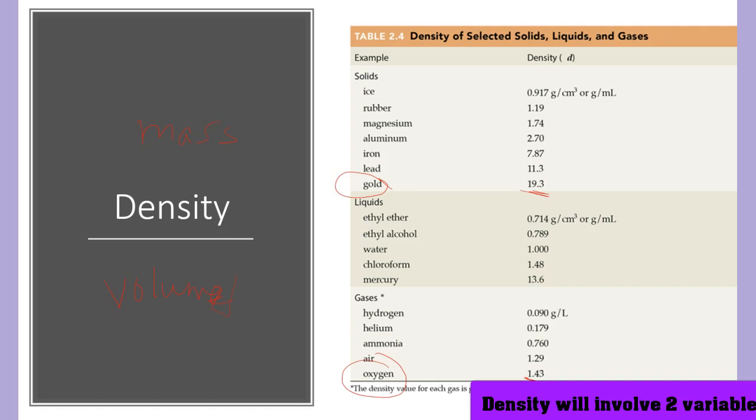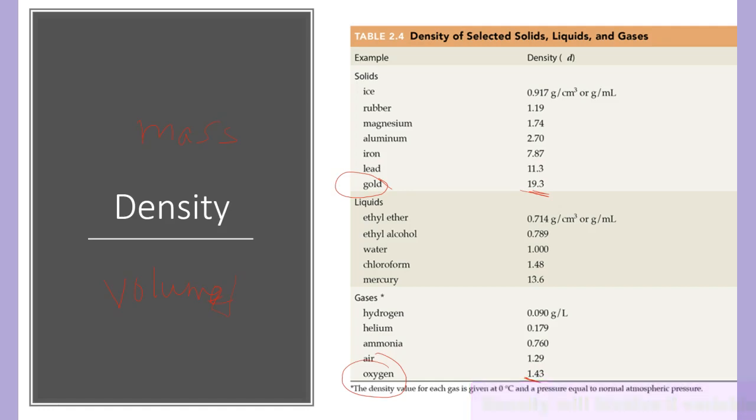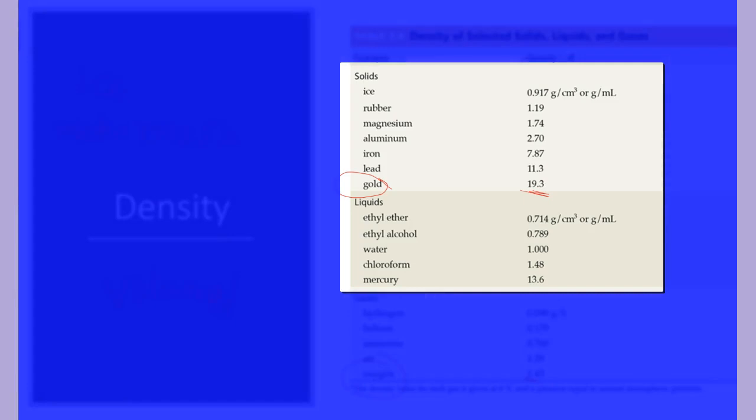So as you take a look at, let's say, ice, and let's say water, what typically happens when we combine those two in a graduated cylinder? Where does your ice typically go?